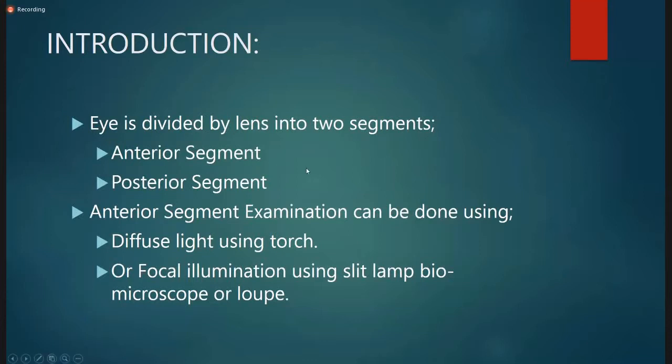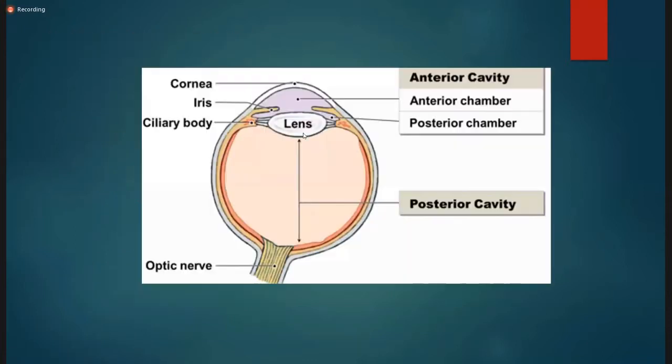I have told you, anterior segment examination is examination from the cornea up till the lens. It can be done with the help of torch examination, or nowadays we are using slit lamp examination. But you are only asked about anterior segment examination with the torch, not the slit lamp.